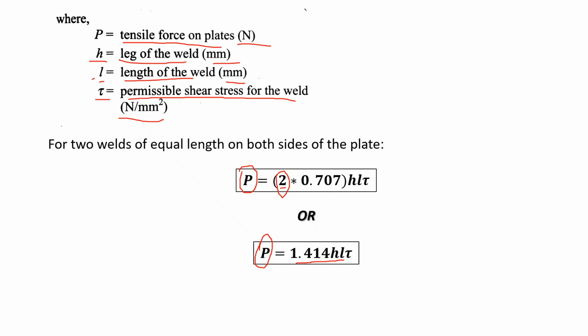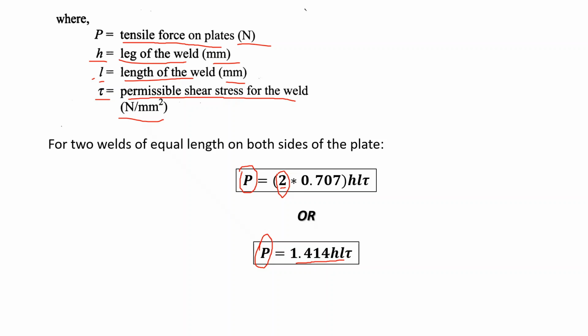Now, in some of the books, there is an addition of 15 mm in the required length of the weld. This is to allow for starting and stopping of the weld run. But in your examination, you need not add this 15 mm to your length of the weld.